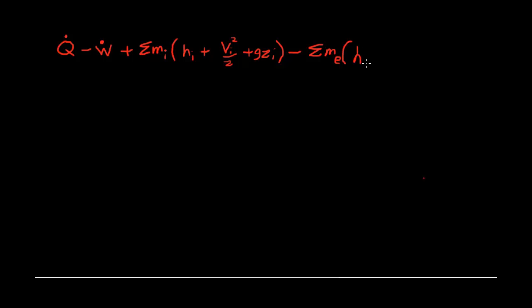Then you have the exit enthalpy for that mass stream plus the exit velocity squared over 2 plus g times the exit elevation. And all that is equal to 0.